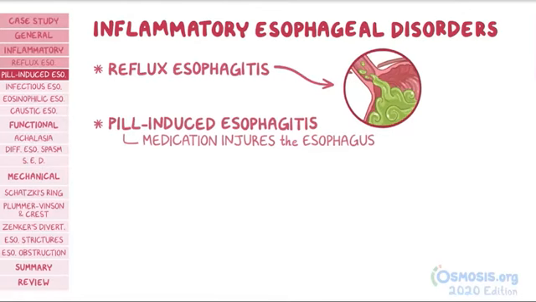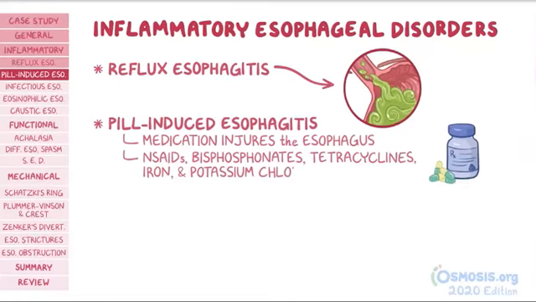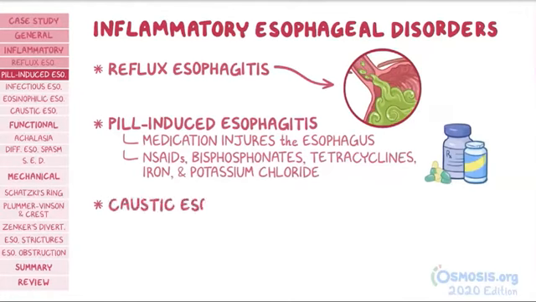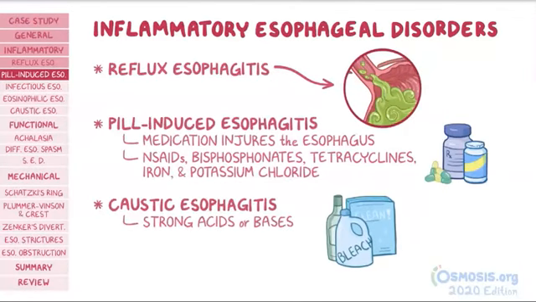It's associated with medications like nonsteroidal anti-inflammatory drugs, or NSAIDs, bisphosphonates, tetracyclines, iron, and potassium chloride. In caustic esophagitis, caustic agents, such as strong acids like vinegar or strong bases like detergents, cause esophageal lesions.